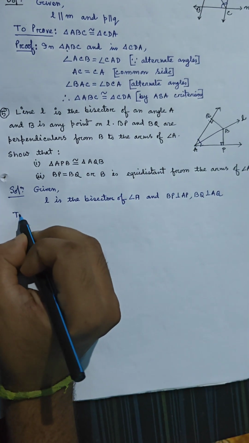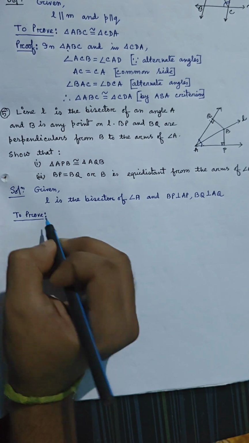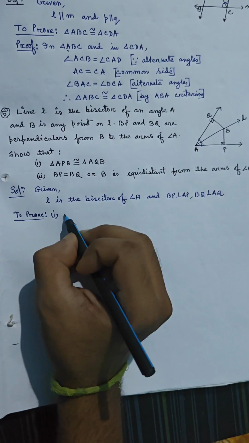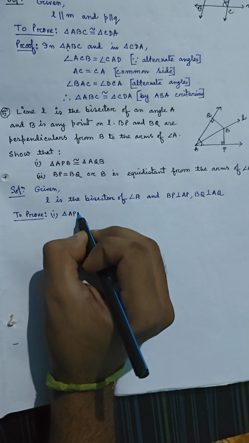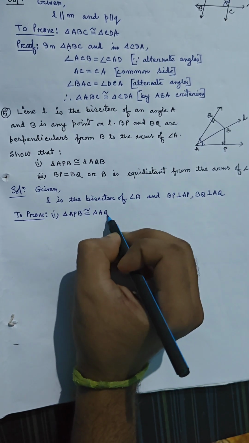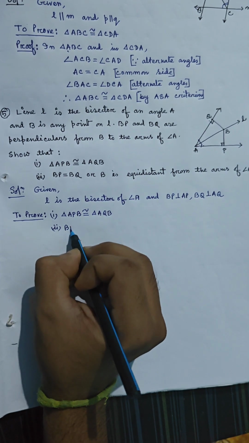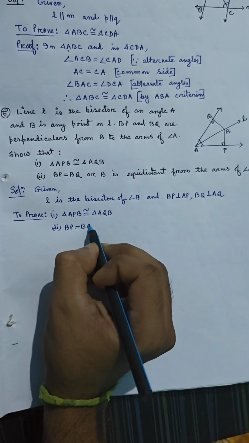To prove, number 1, triangle APB congruent triangle AQB, and number 2 is BP equal BQ.